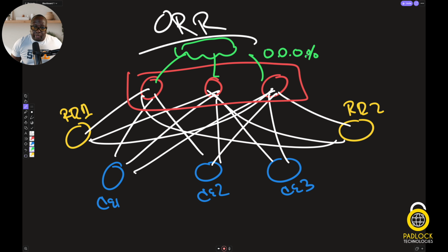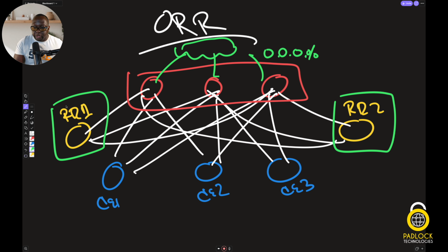So if you have a topology like this, and let's say you have people connected to the CEs, they want to get to the internet. The problem with this is that the route reflector, when it's doing its route calculation and sending it to the CEs, does it from the view of the route reflector.